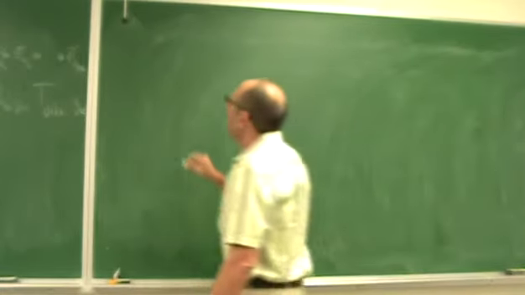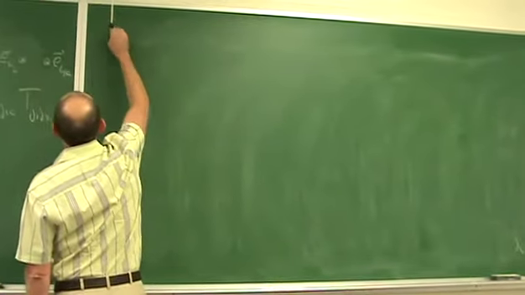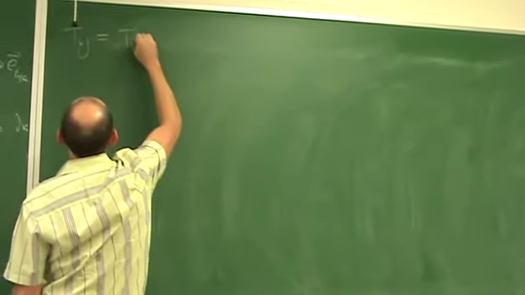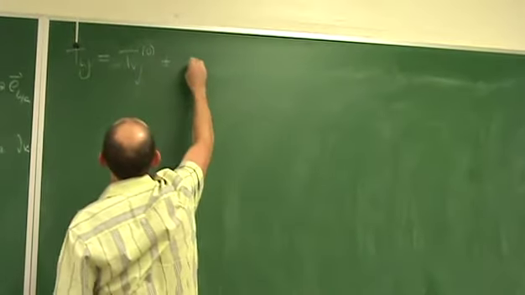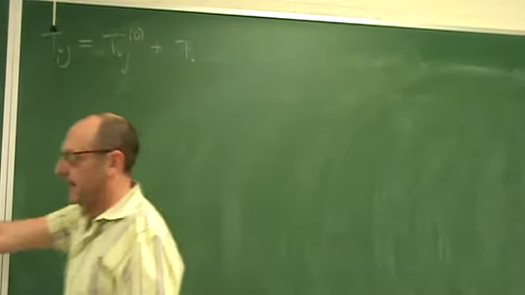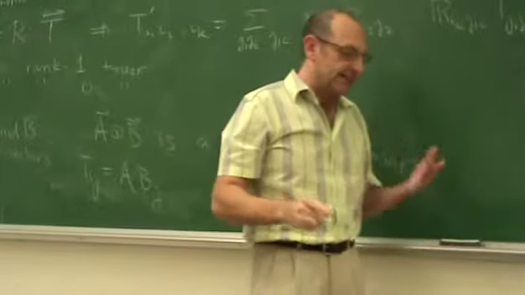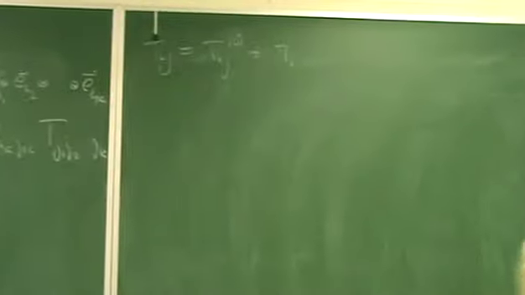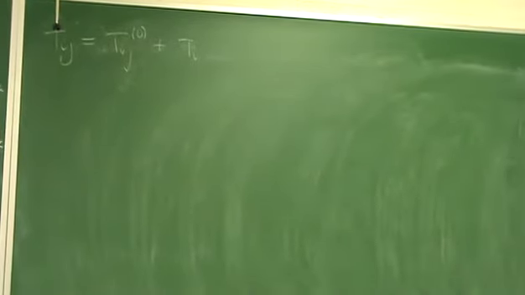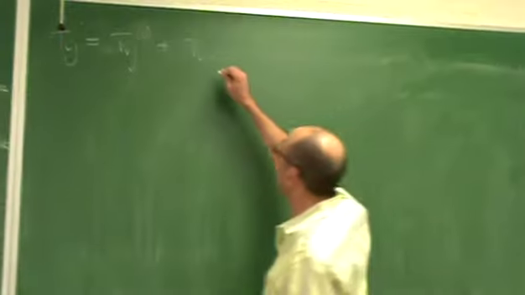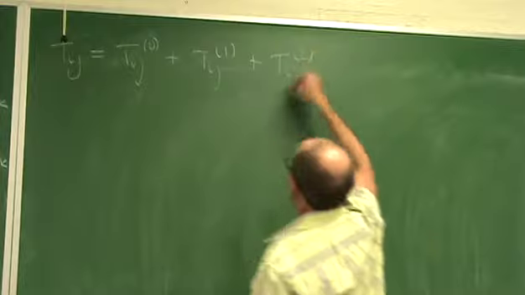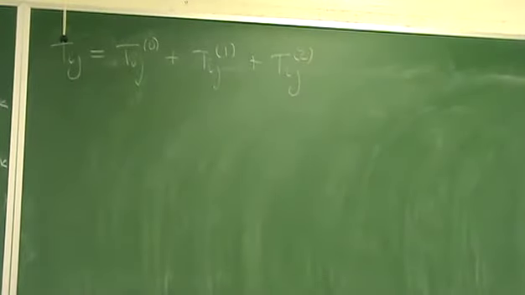In particular, Tij can be re-expressed in terms of the sum of three pieces. I haven't talked about the tensor operators, but I'll get to that in a moment. Let's talk about the classical tensors. I'm going to break this up into three pieces that I will define with this superscript, where the following is true.